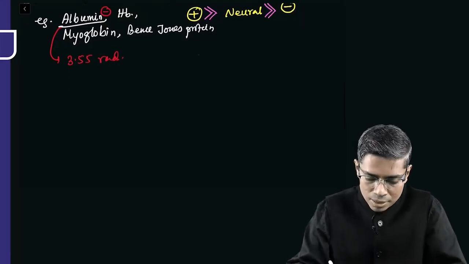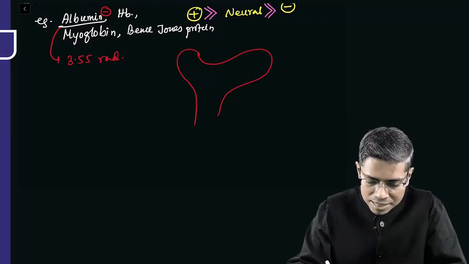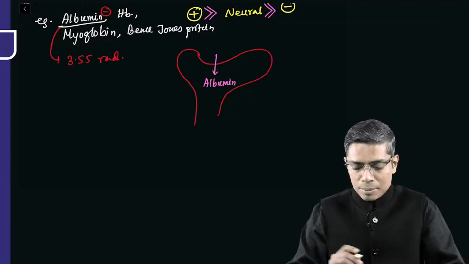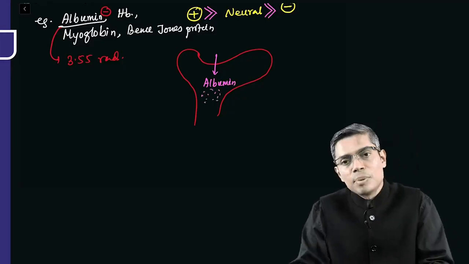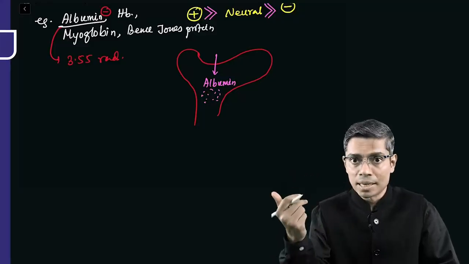So suppose this is your Bowman's capsule, and albumin is getting filtered, but in very small amounts because of the negative charge present on it. But even after filtration, all of this albumin will not appear in the urine. Why?